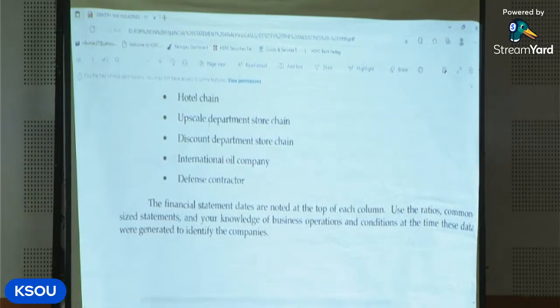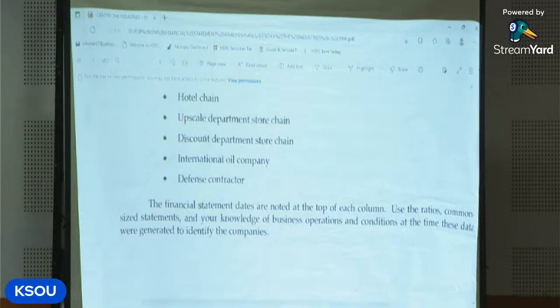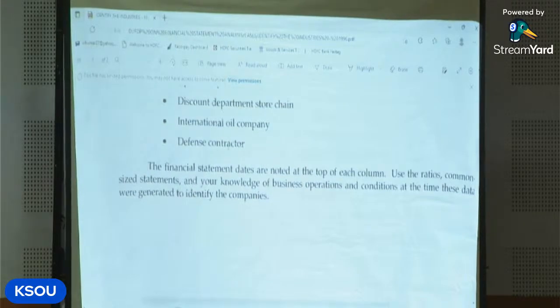The difference is Reliance Mart, Reliance Fresh can come under upscale. Discount department is Metro, etc. An international oil company and a defense contractor. These are the 12 businesses.